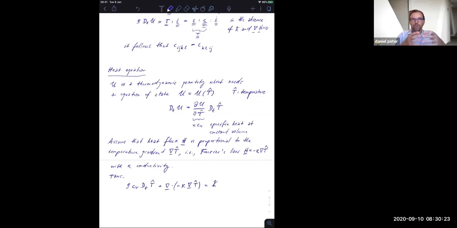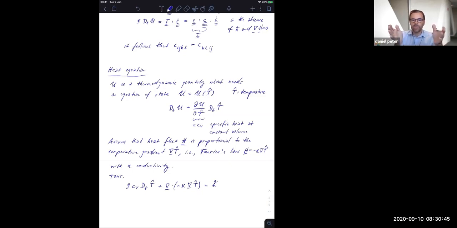If we would have a fluid where we also have convection, then the heat flux would also have convective terms, for example. And if we would even include radiation, then it would also have a radiative term, which then relates the heat flux to all these additional terms.